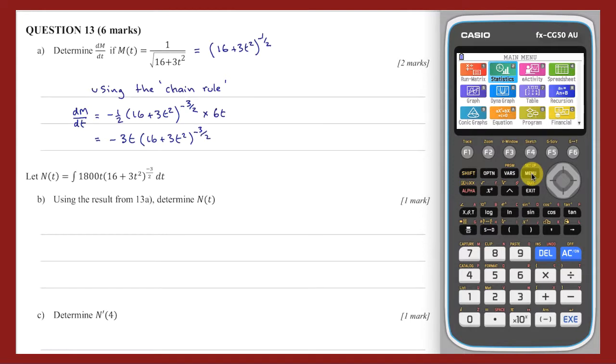Part B. The integral required in Part B differs from the result in Part A only by its coefficient, 1800. As 1800 is equal to minus 600 times minus 3, we can rewrite n of t in terms of the result in Part A as follows.